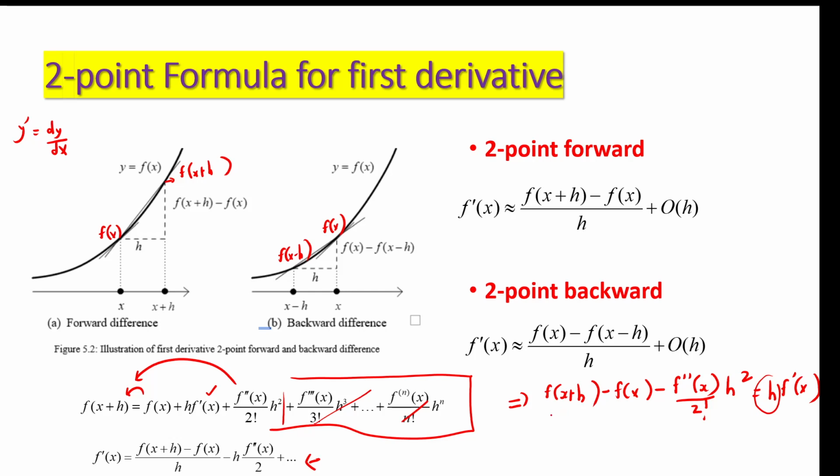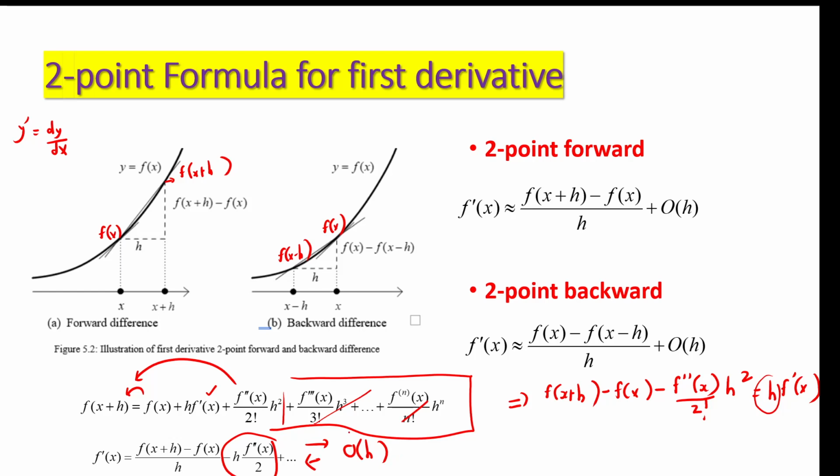That's why f prime(x) is f(x plus h) minus f(x) divided by h. The truncated term h squared divided by h is what is represented by order h, meaning the truncation error is of order h.